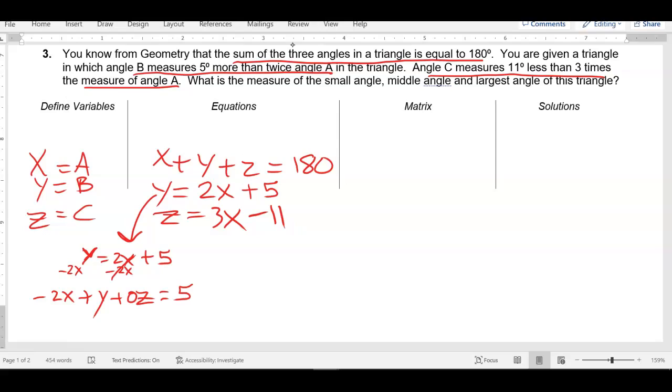We're going to do the same thing with this one. So z equals 3x minus 11. If I'm solving for the constant negative 11, how do I get rid of this positive 3x? Minus 3x on both sides.